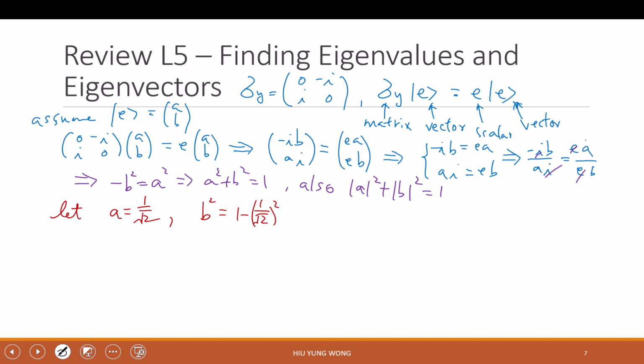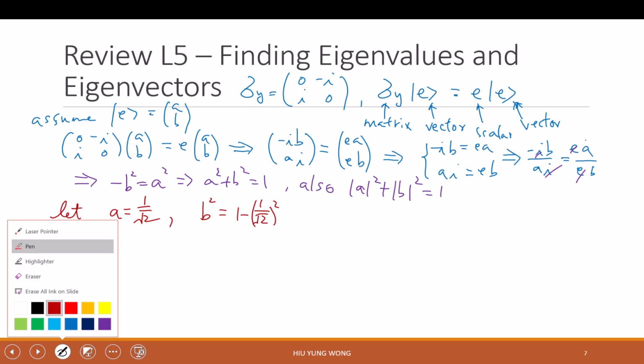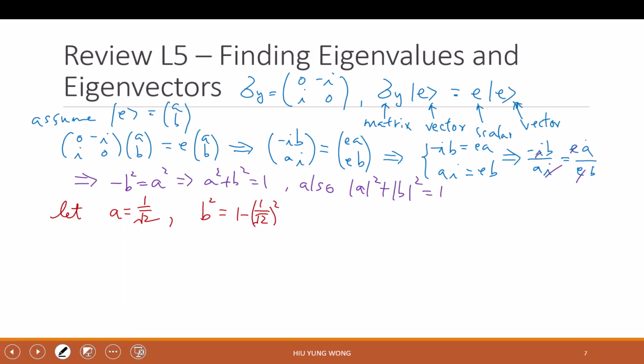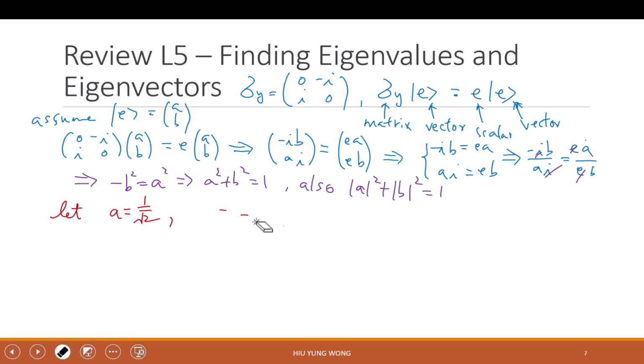Am I doing something wrong? So sorry, I cannot go to here directly. I actually need to use this, instead of using this equation, right? I'm going to use this equation. This is 1, this is 2, right?